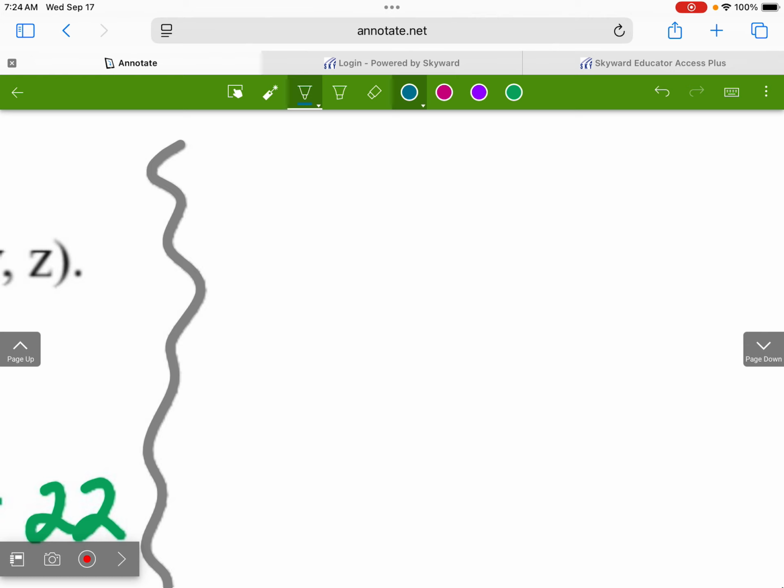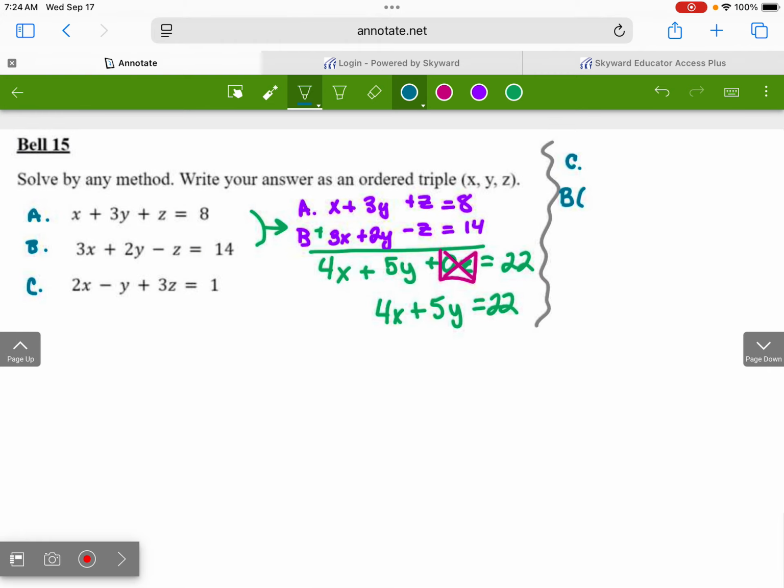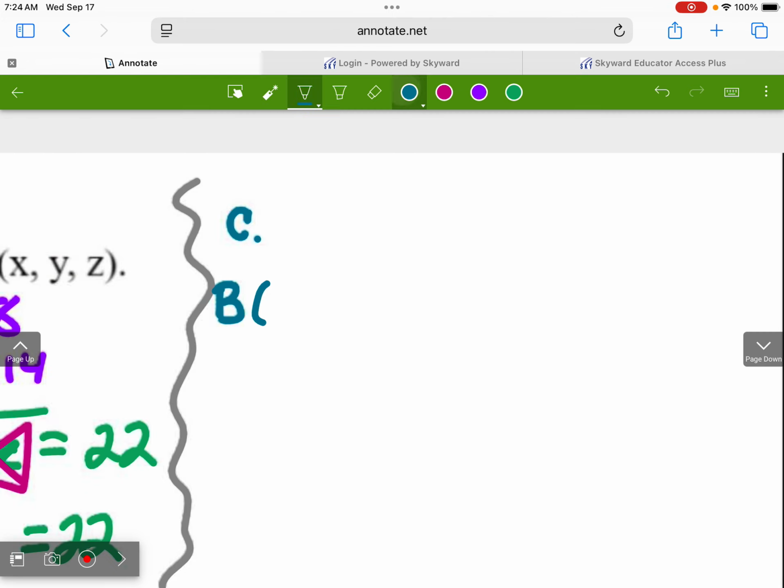We can use C, and we need something that's going to eliminate out that same variable. So B is an excellent choice. Can I just take B as it is, or do we need to multiply it by something? Remember, we want the z's to cancel out. B times 3. Beautiful.